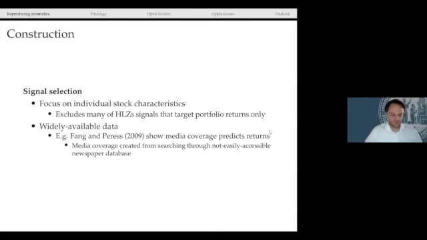To establish that relationship, they access a newspaper database that is not easy for us to access, and we could probably do it, but then we could only use it for one signal, so it doesn't really pass the cost-benefit test here. So that's why we exclude a handful of papers that use very exotic data sets.